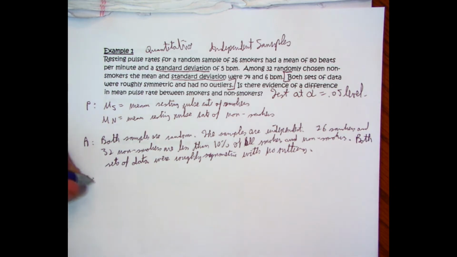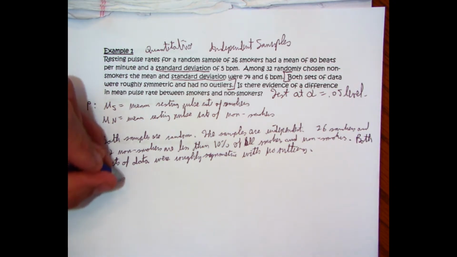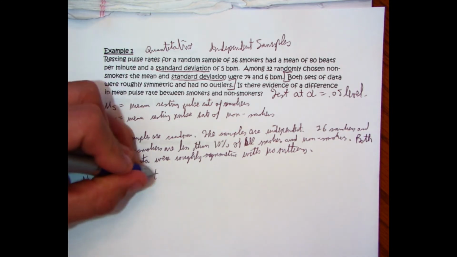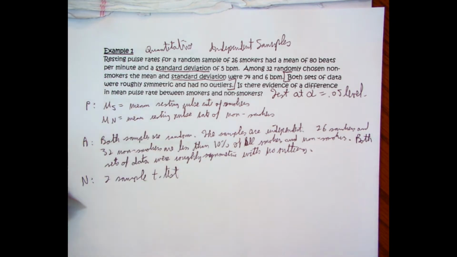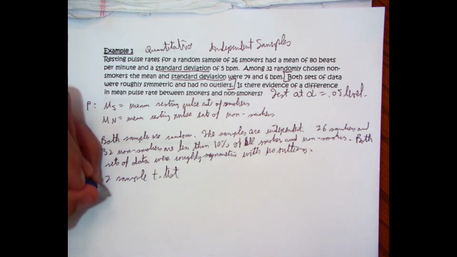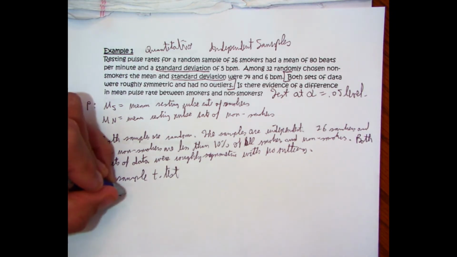Okay. Name the test. This is a two-sample t-test. Test statistics and parameters. Let's deal with smokers. The number of smokers is 26.